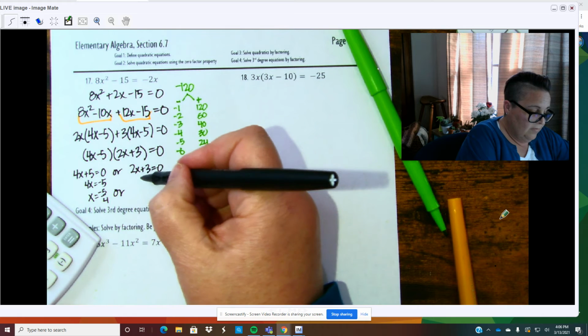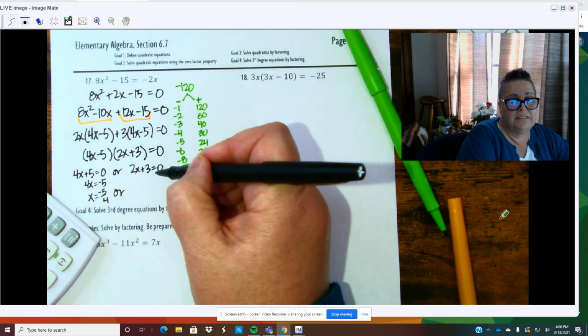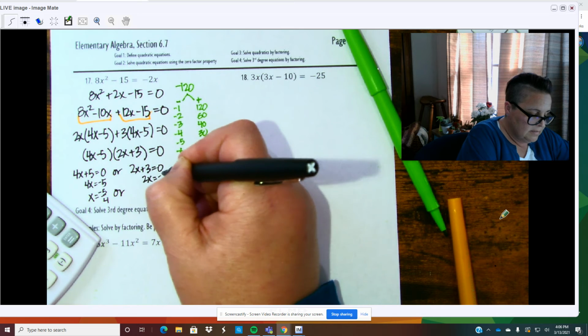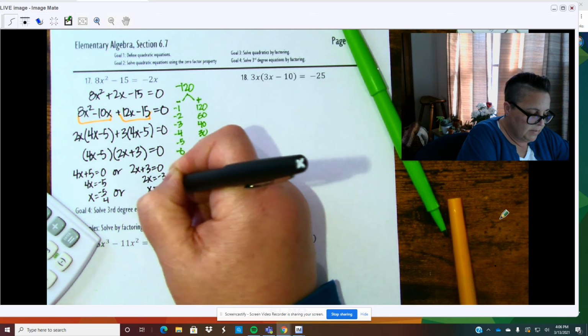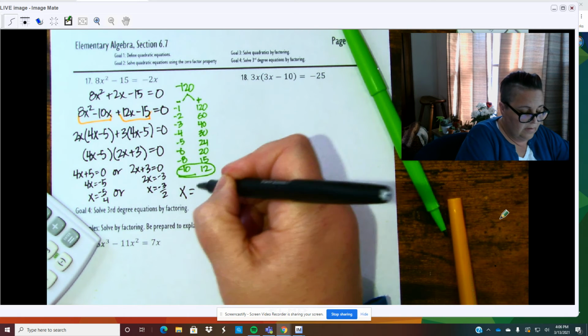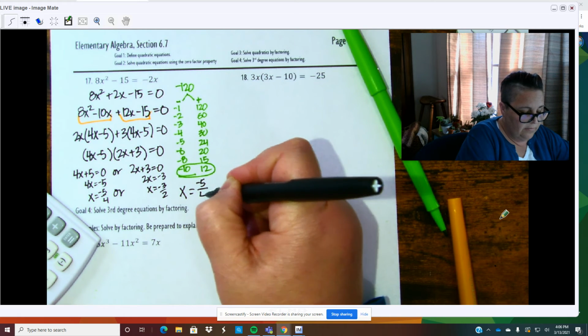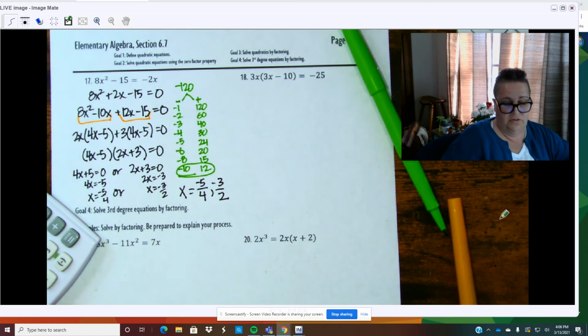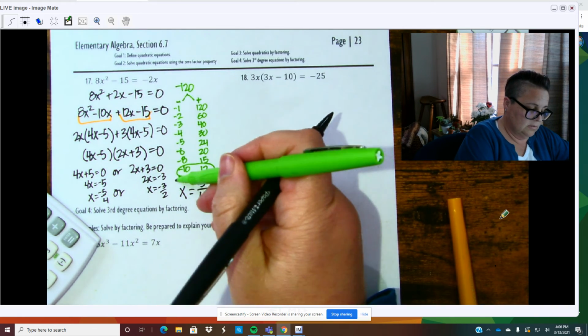Or if it's 2x plus 3 that zeroes out, then I'm going to subtract 3 from both sides and divide both sides by 2. So I have solutions of x is equal to a negative 5/4 or a negative 3/2. I do have two distinct solutions.